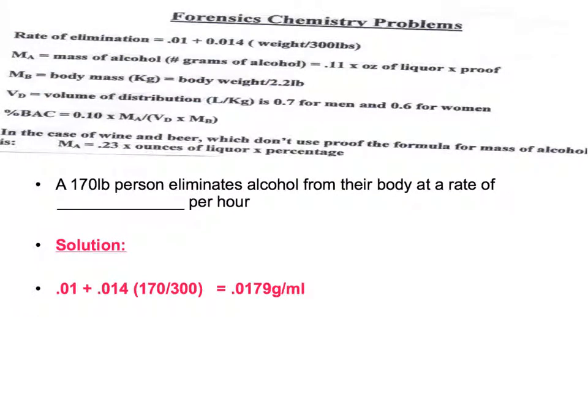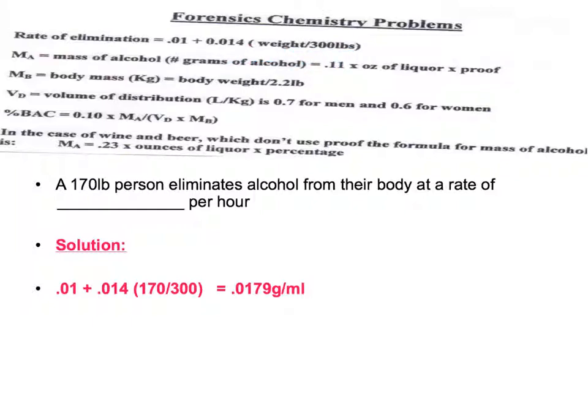Here we have our second type of blood alcohol problem. We have a 170-pound person who eliminates alcohol from their body at a rate of what per hour? In this case, we are going to use our rate of elimination. Now this is a set formula where we take 0.01 plus 0.014 times the weight divided by 300.